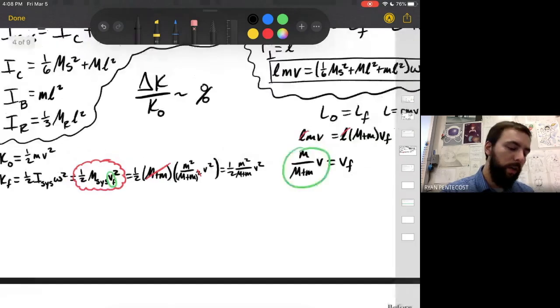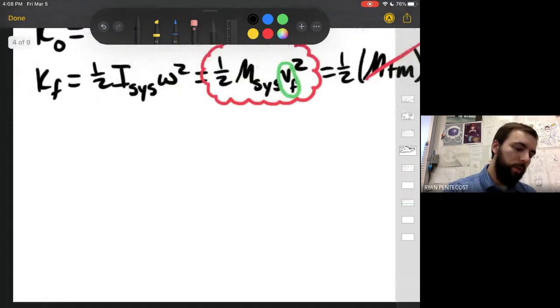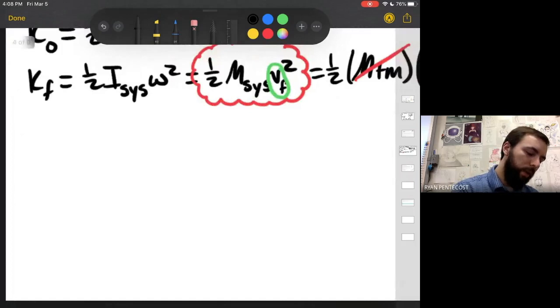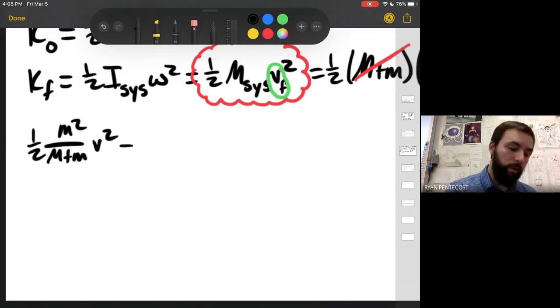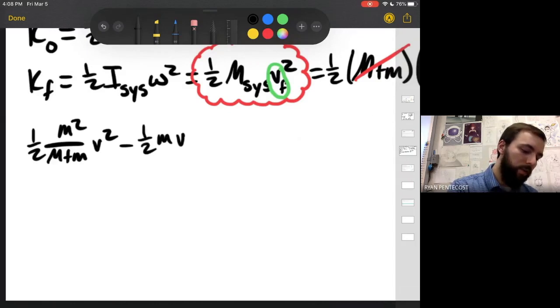So we're going to take the final kinetic energy minus the initial kinetic energy, then divide it by the initial kinetic energy. So let's take all of that into account. We have final kinetic energy 1/2 m squared divided by m plus little m V squared minus our initial kinetic energy, which was 1/2 mass of the bullet and its initial velocity squared, divided by the same 1/2 mv squared.